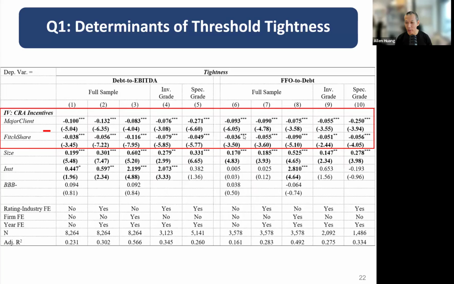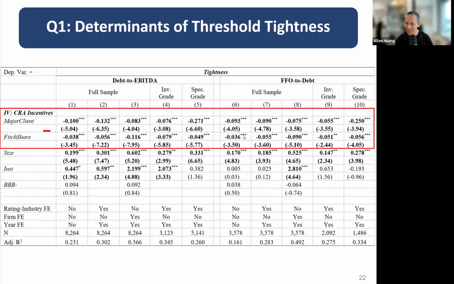And we also look at the competition from the third largest credit rating agency, Fitch, within the industries. And we find that when credit rating agencies face higher competition, or when the clients are more important, they give looser thresholds to the rated companies.